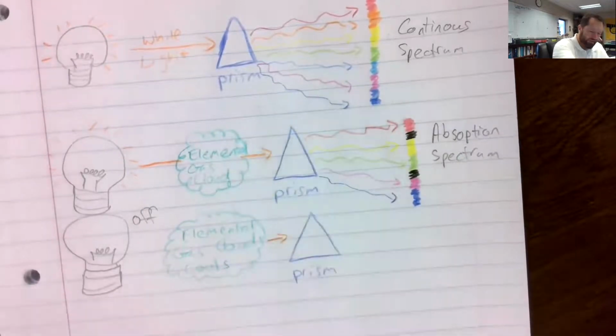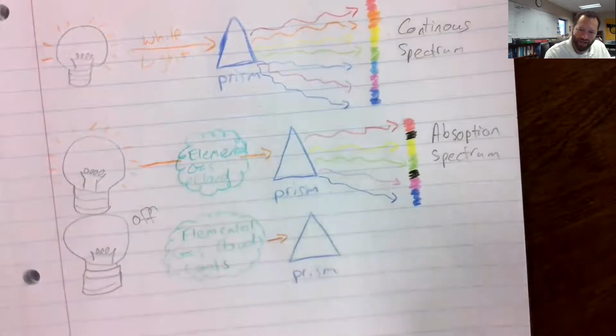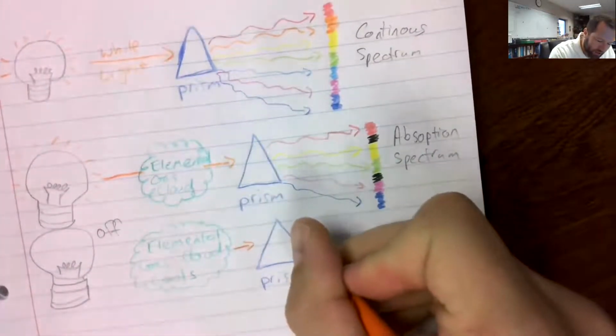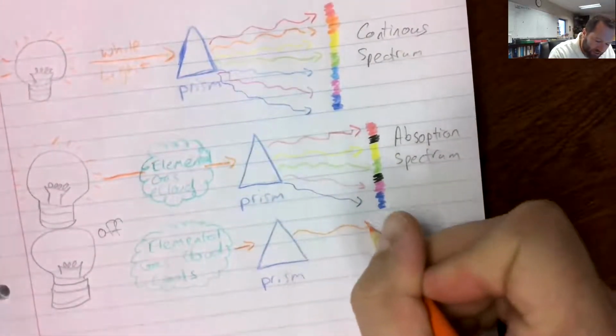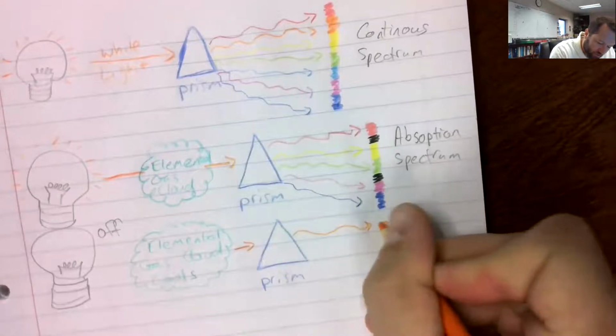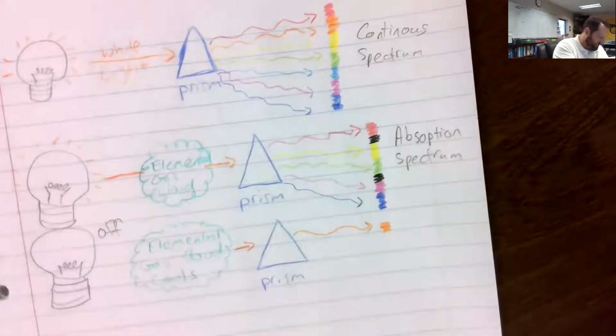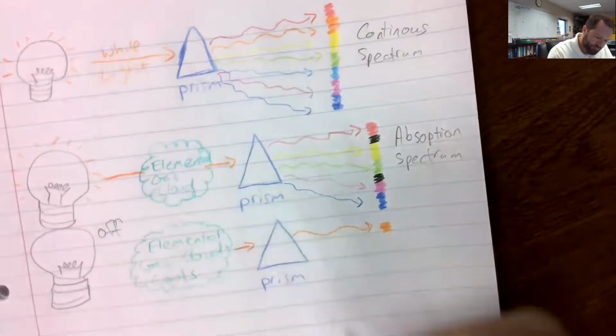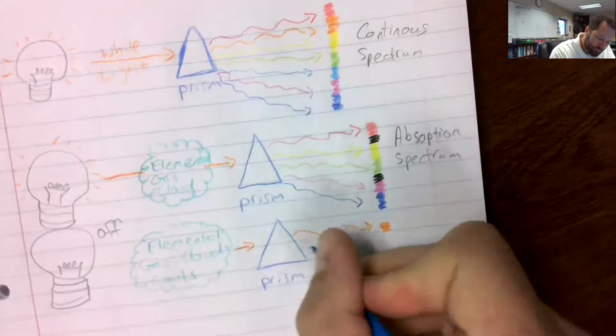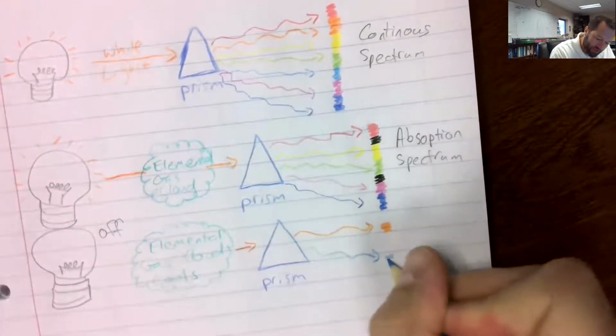And lo and behold, I bet you can guess what they got. They got the exact light that they were missing previously. And only the light that they were missing previously.